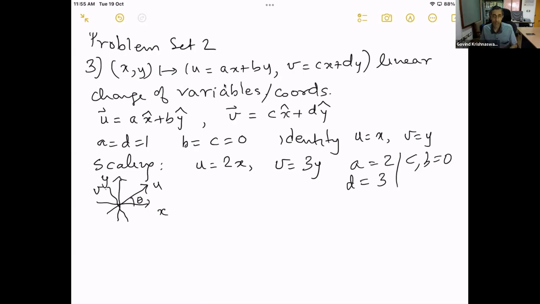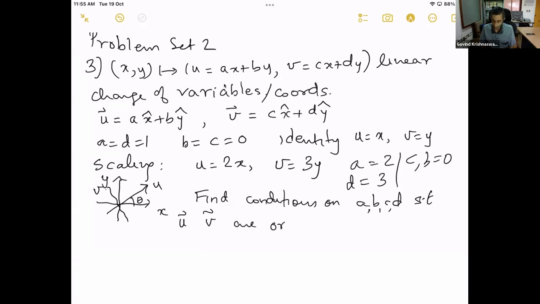Now, the specific question that was asked is, how do you guarantee that u and v are orthonormal vectors? That is, find conditions on a, b, c, d such that u vector and v vector are orthonormal.